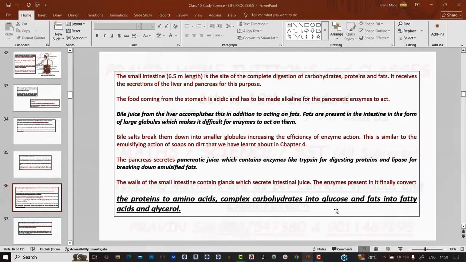The food from the stomach is acidic, but it has to be made alkaline for pancreatic enzymes to act. For this purpose, to make food alkaline, the liver secretes bile juice, or we can say bile salts.